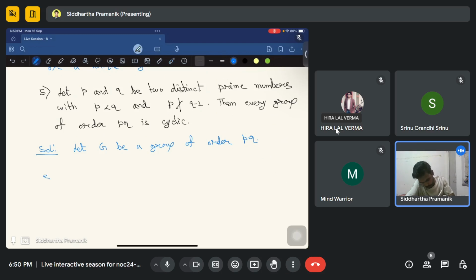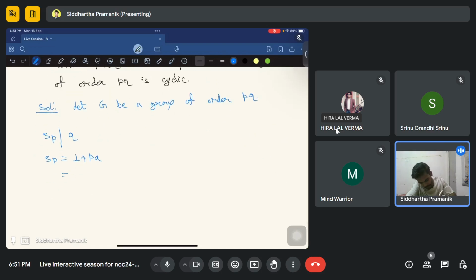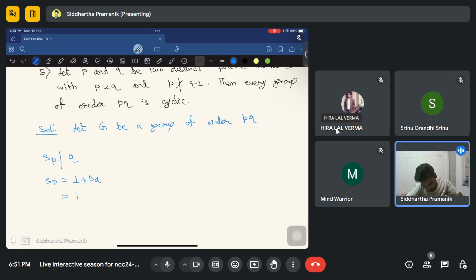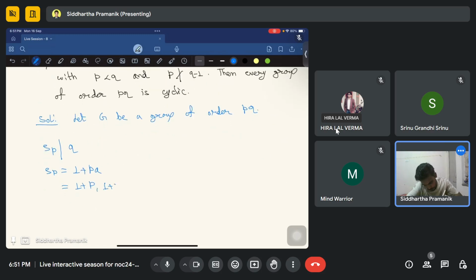The number of Sylow p-subgroups is denoted by s_p, and it divides q, and it has to be of the form 1 plus pa, right? So it can be 1 plus p, 1 plus 2p, and so on.